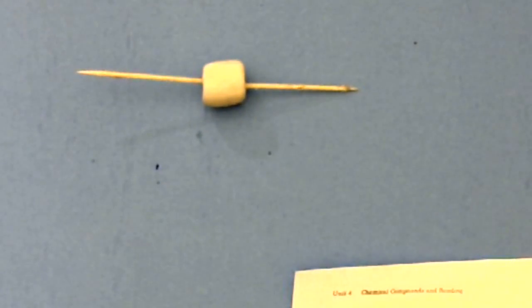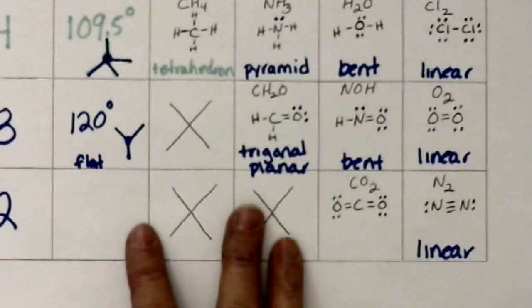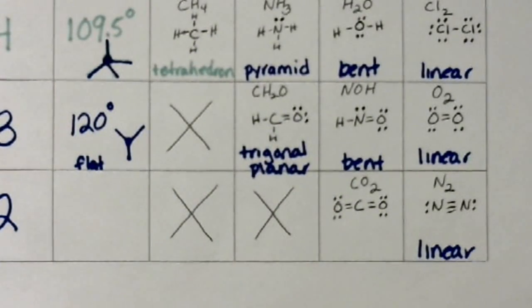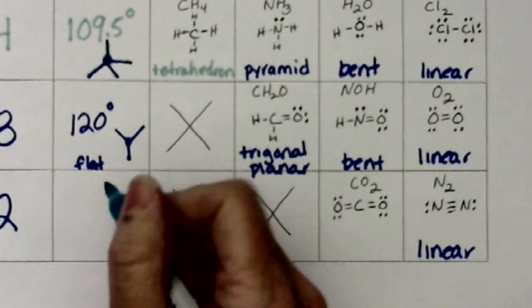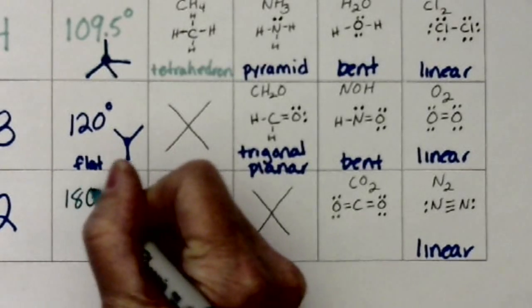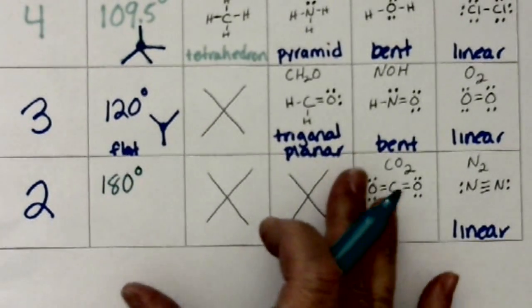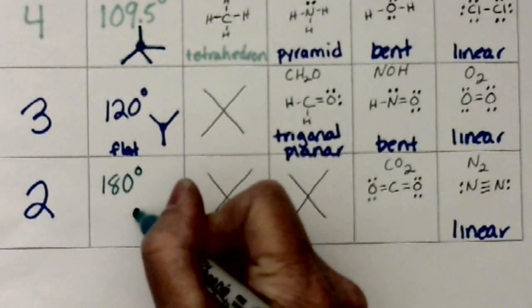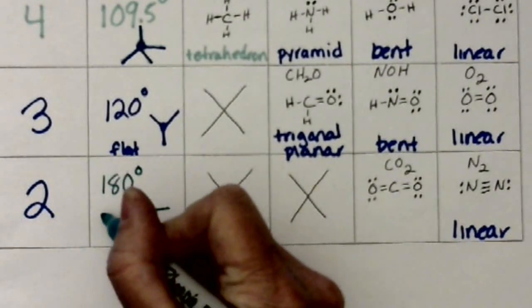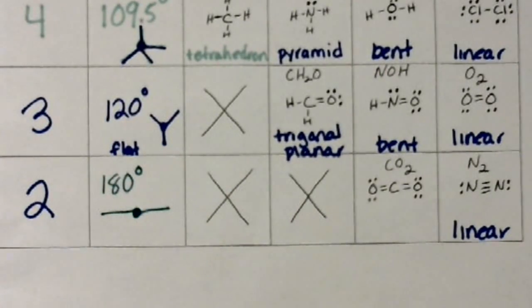Okay? And oops, it looks like I've put down my pen somewhere, so I'm going to use a different color again. So now I'm at 180 degrees. Okay. And this is the generic shape.